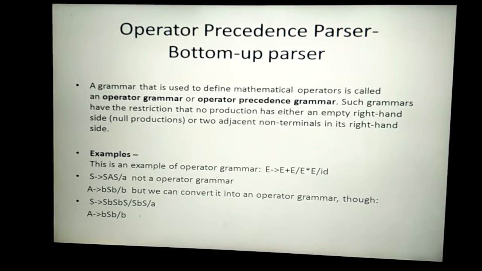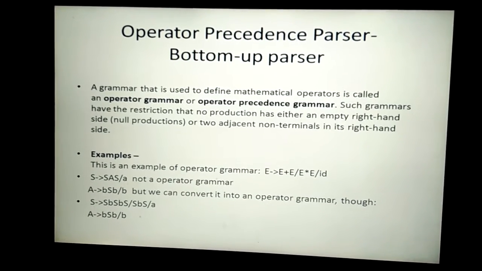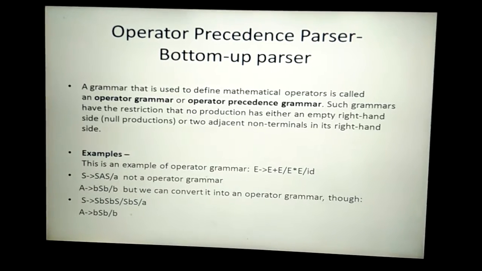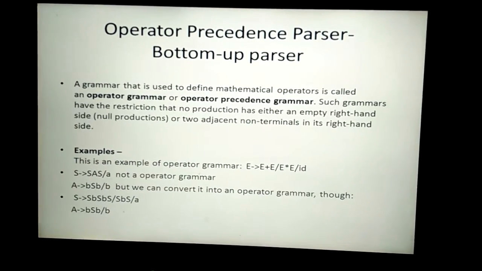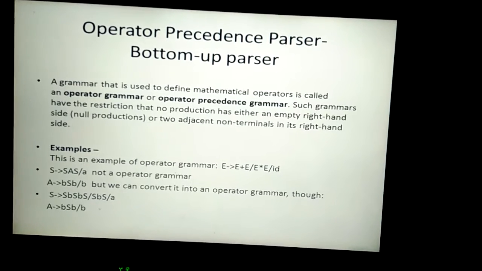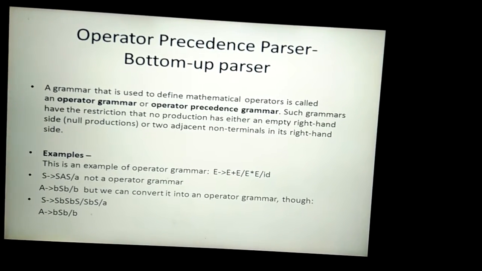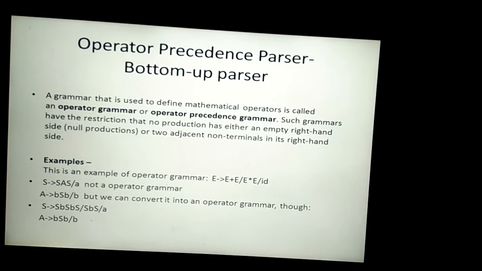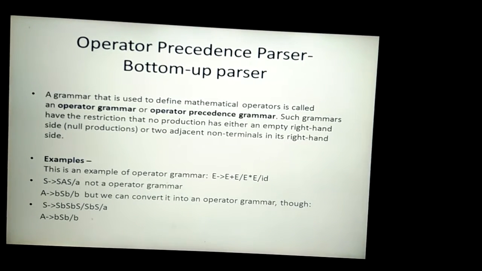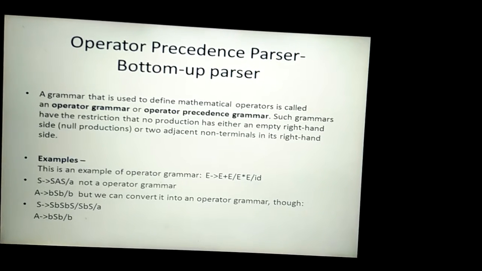That means a production has either an empty right-hand side, that is using epsilon, or a production that has two adjacent non-terminals in its right hand side.